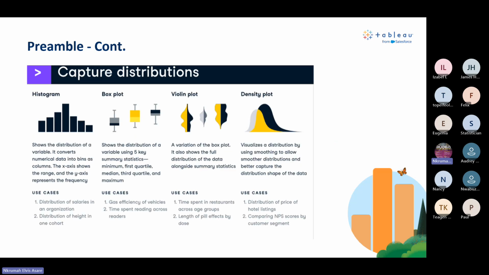We have different distribution charts too: histogram, box plots. Tableau helps you visualize this. You're able to change the features, rename them, change the labels, and change the orientation of all these charts.